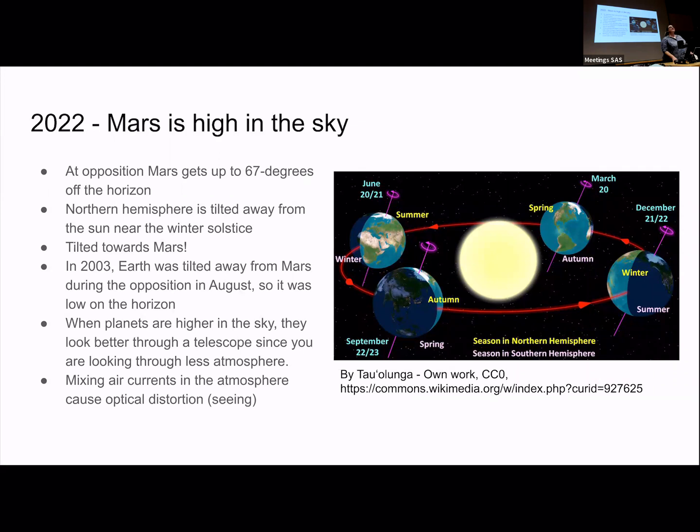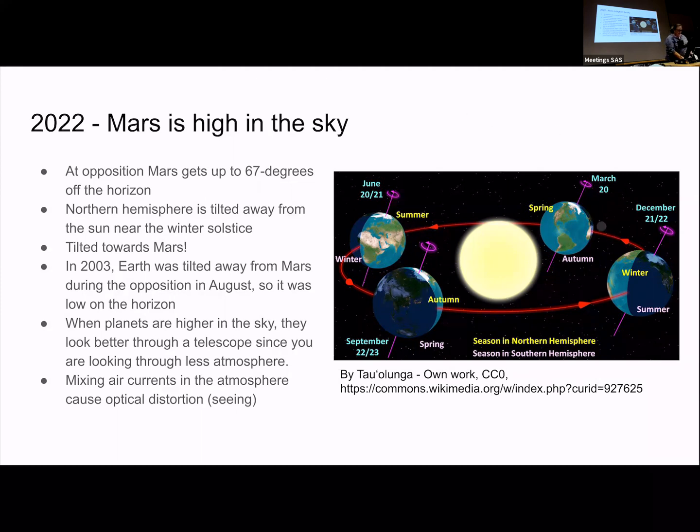The other big advantage to the opposition this year is that Mars is really high in the sky. And you probably remember this diagram if you think back to high school astronomy or physics, when we talk about the seasons and the Earth's tilt. Well, it just so happens we have winter because the northern hemisphere is tilted away from the sun this time of year.